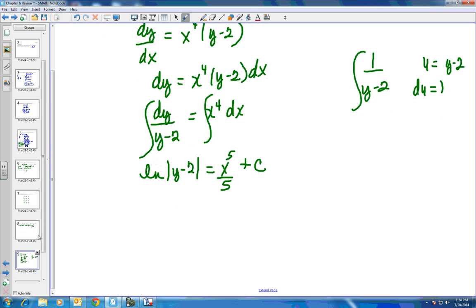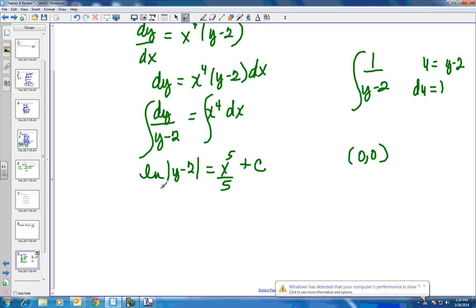What do you want to do now in the problem? We need to solve for c. Our initial condition is 0, 0. Look at this problem. Can I plug in my initial condition right now? If I plug 0 in here, it is the natural log of absolute value, so it would be positive 2.